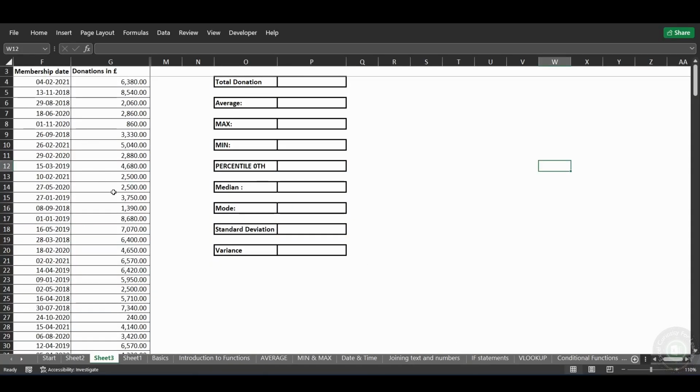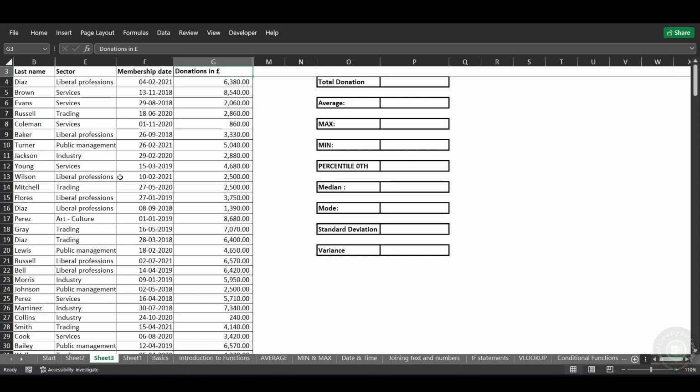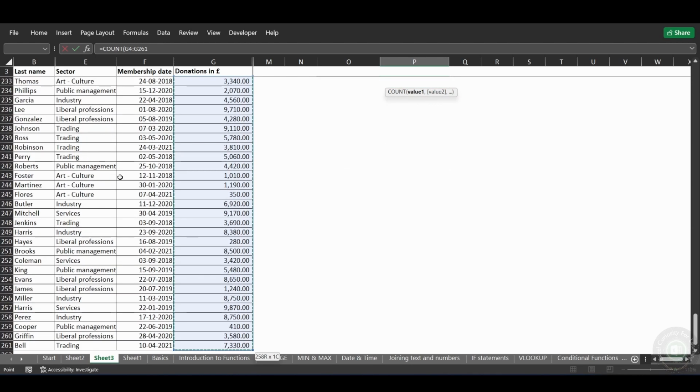So we had this data from the previous video, if you referred to the previous one. We were doing some calculation for donations. So now we will look at the total count of donations. The total number of donations is simple, we will use count till the end.